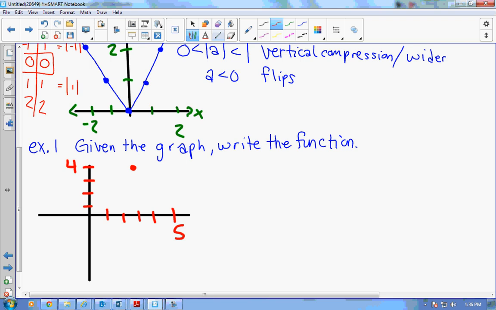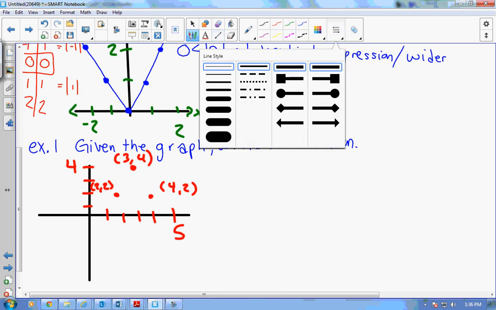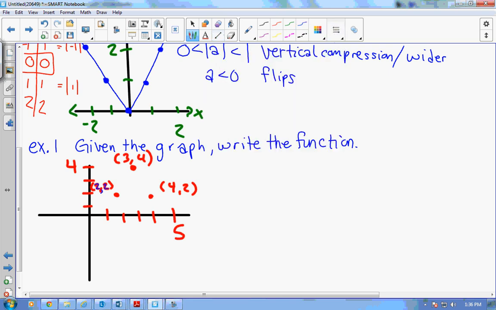Let's do, I'll put the points here so you can plot it right. 3, 4. 4, 2, and 2, 2. We're going to write the equation of this function. Given the graph, we have points 3, 4, 2, 2, and 4, 2.